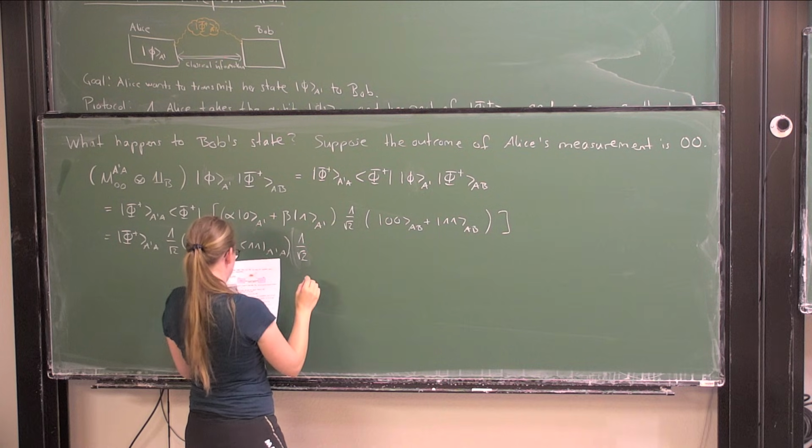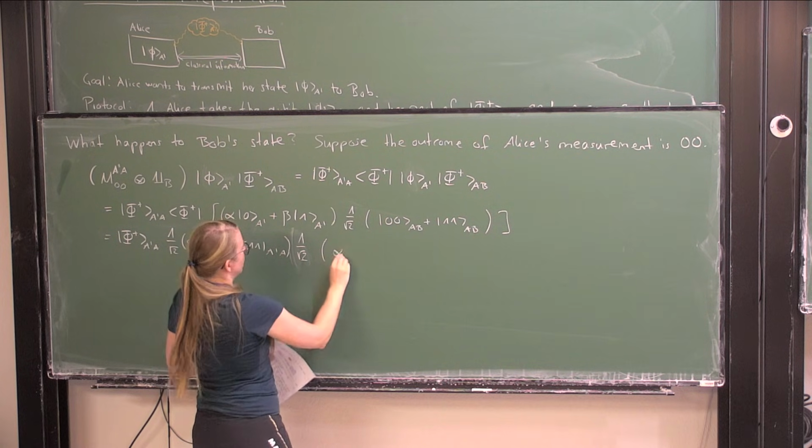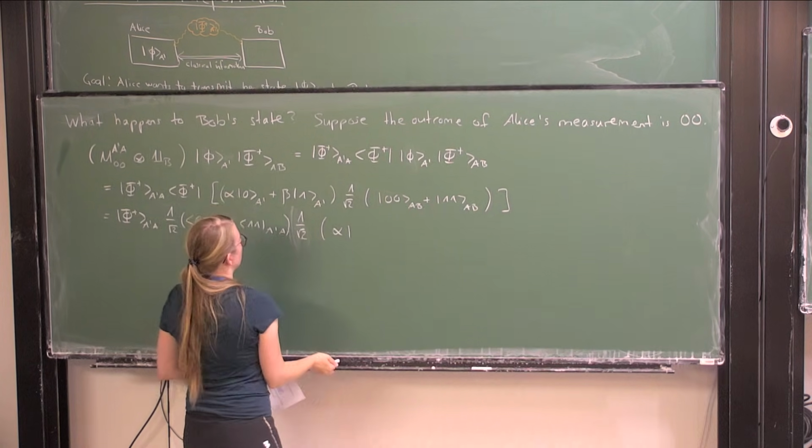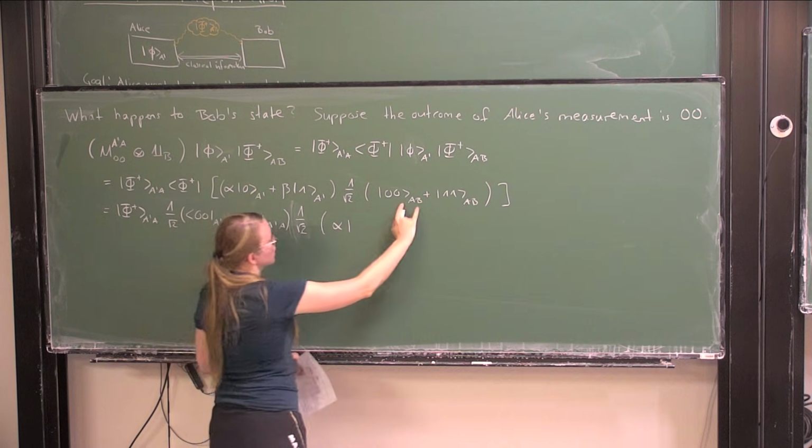Square root 2. We have alpha. So here we have a sum of two things, and here we have a sum of two things.